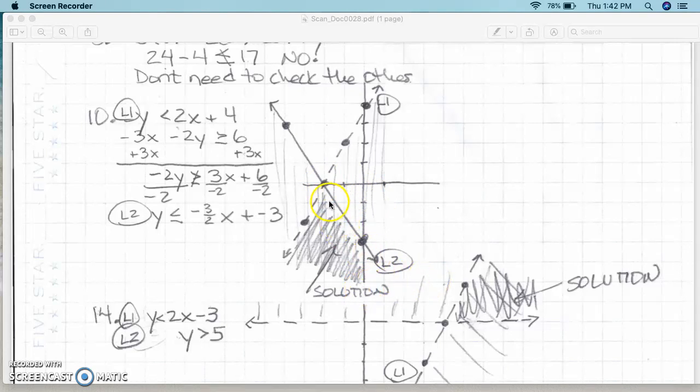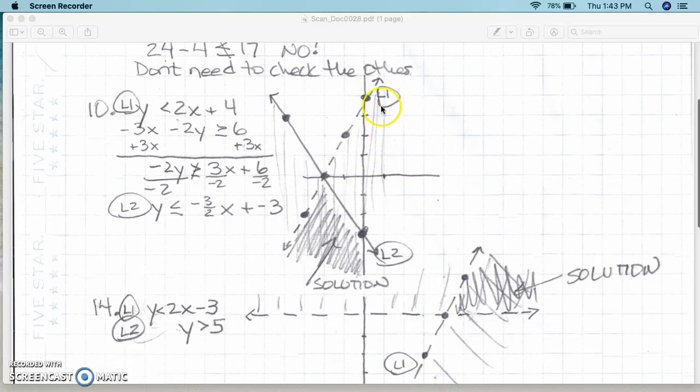It's a solid line because of this or equal to. Then I shaded below because it's y is less than. Then you can see where the two shadings overlapped is my solution, which is this section right here. Okay, that's number 10.